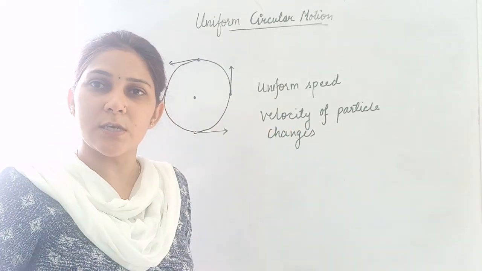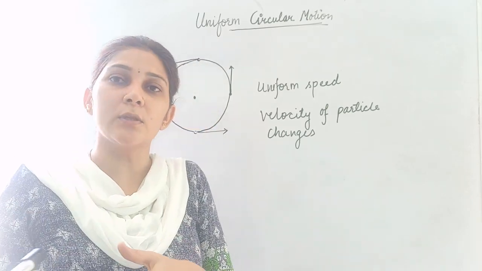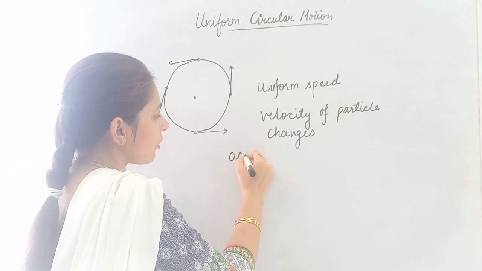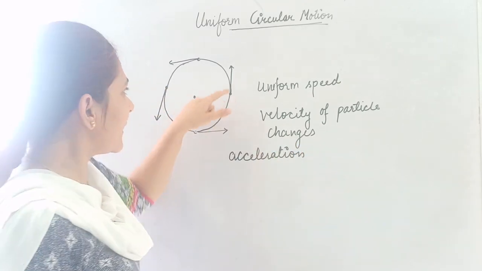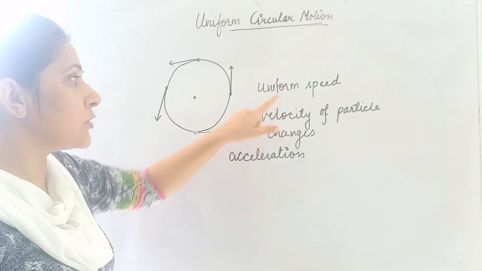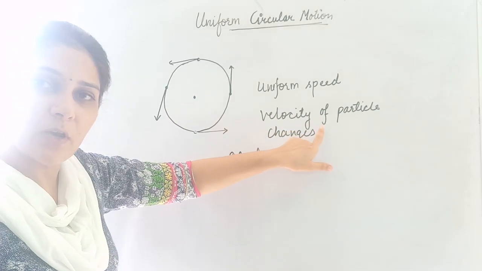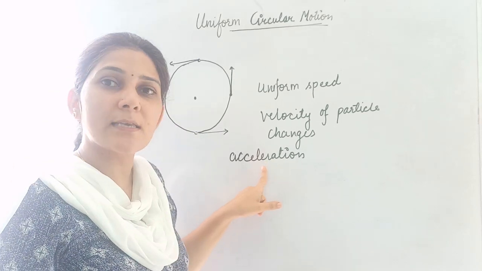If the velocity changes, which term can we introduce? Change in velocity with respect to time, with the passage of time. We can talk about acceleration. So the particle moving in a circular path with uniform speed has changing velocity, and if velocity changes with the passage of time, the particle shows acceleration.